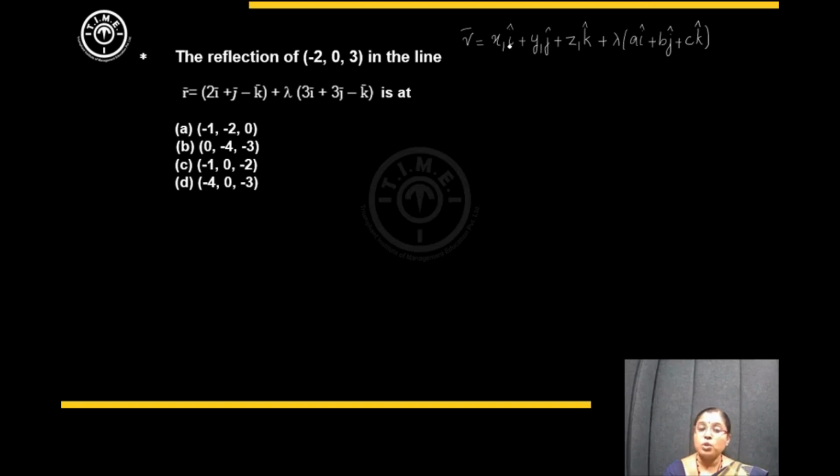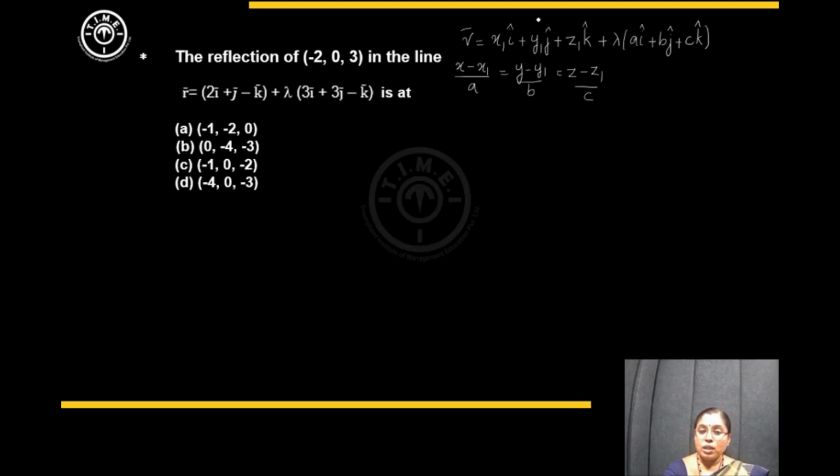To write the Cartesian equation, you write (x minus x1) by a equal to (y minus y1) by b equal to (z minus z1) by c. You just have to rearrange: take x1 to the left hand side and divide by a, take y1 to the left hand side and divide by b, and take z1 to the left hand side and divide by c. This is how we form the Cartesian form.